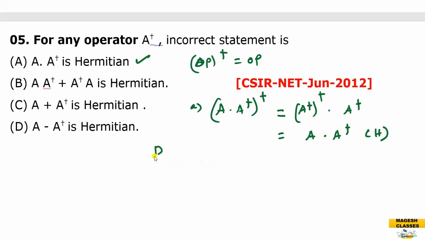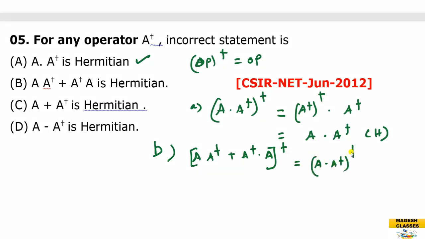Finding B, A into A dagger plus A dagger into A. Putting the adjoint for that, it is A into A dagger, whole dagger, plus A dagger into A dagger.